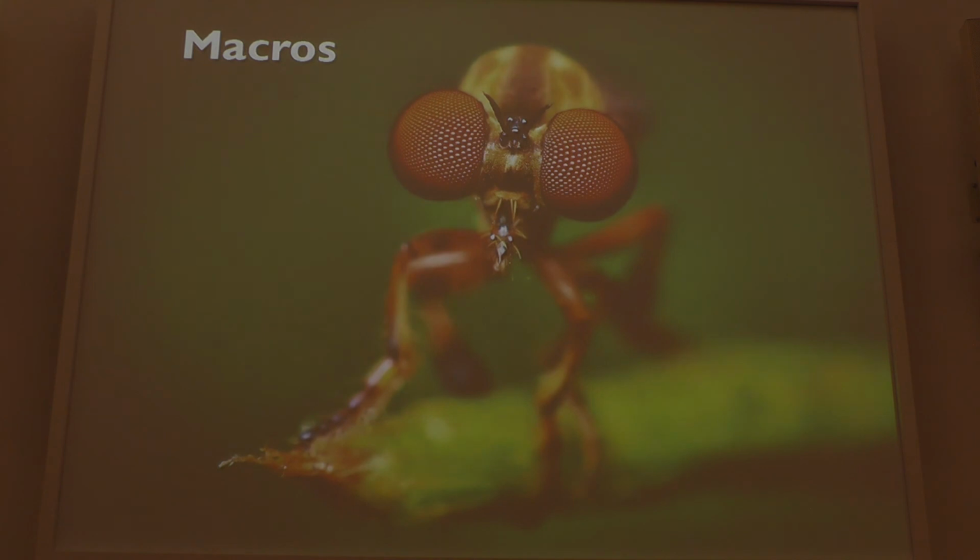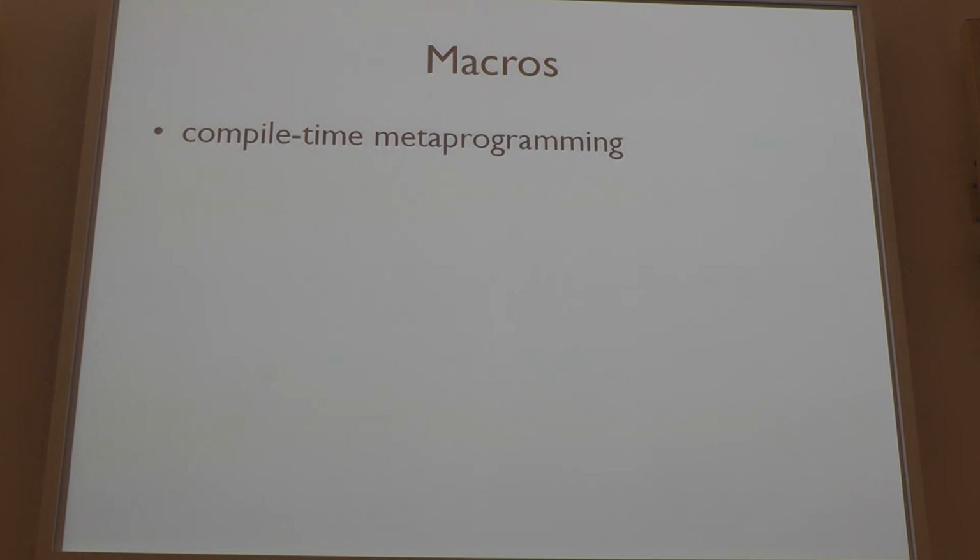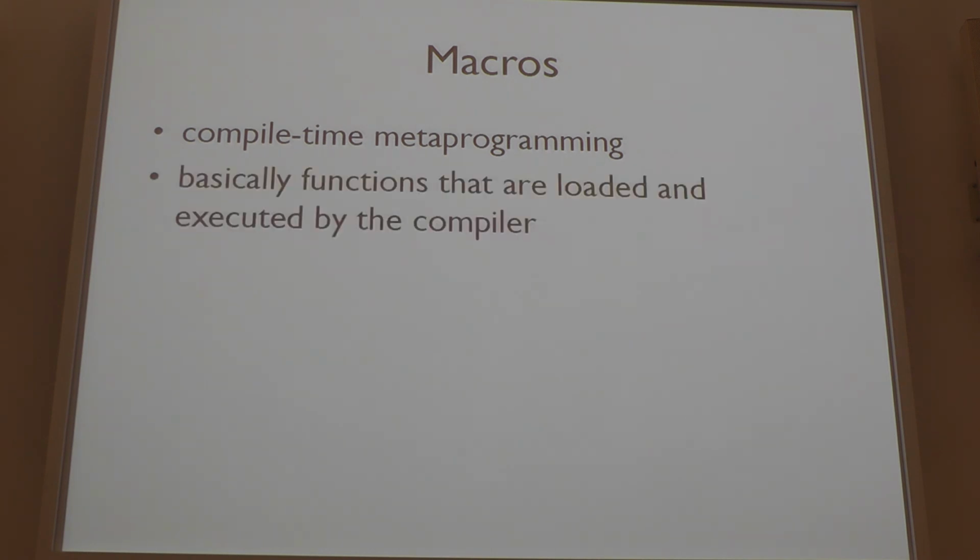Macros. Macros are a very new thing in Scala 2.10, and they are actually still considered to be experimental, so you have to import them or enable them if you want to use them. If you know Lisp, Lisp has macros very similar to Scala's macros. Macros are a means of compile-time metaprogramming.